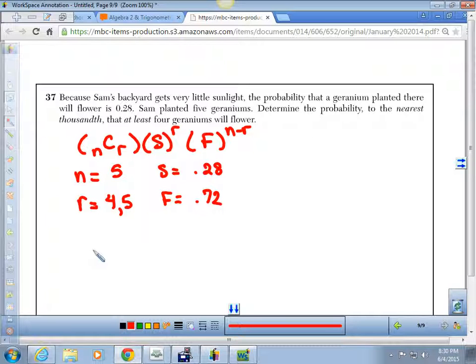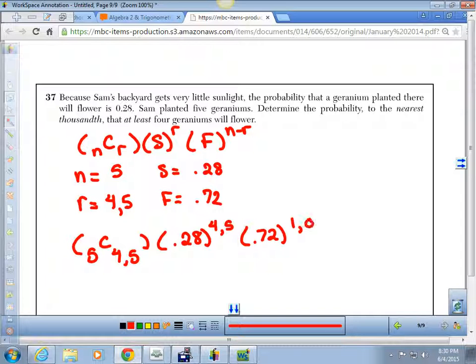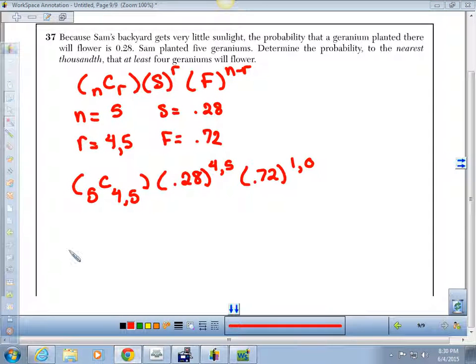But all you're going to show me is 5 combination 4 comma 5, 0.28 to the 4 comma 5, 0.72 to the 1 comma 0.